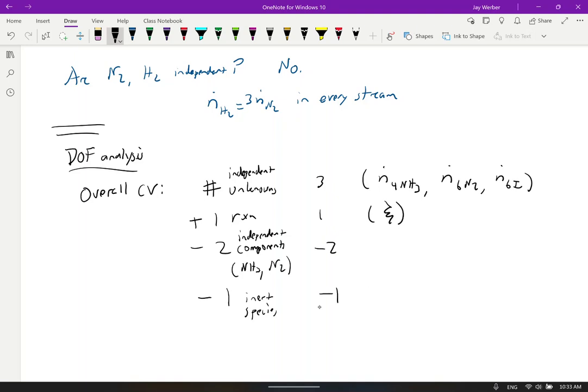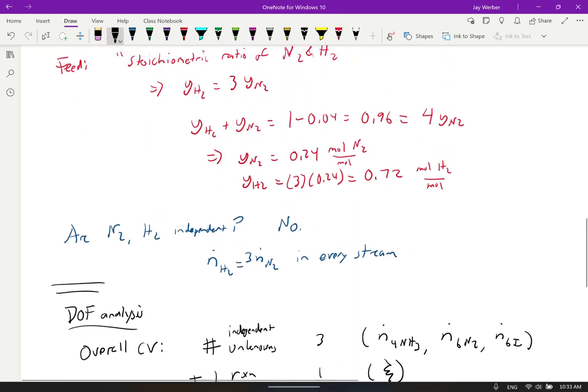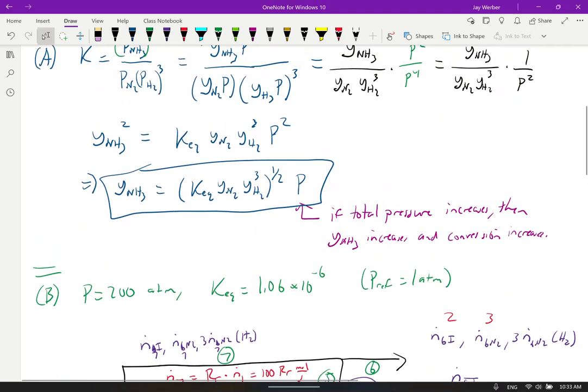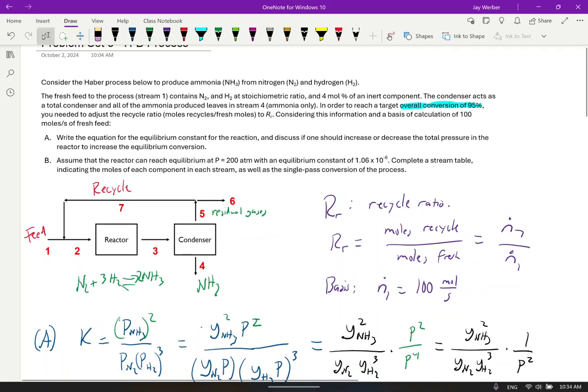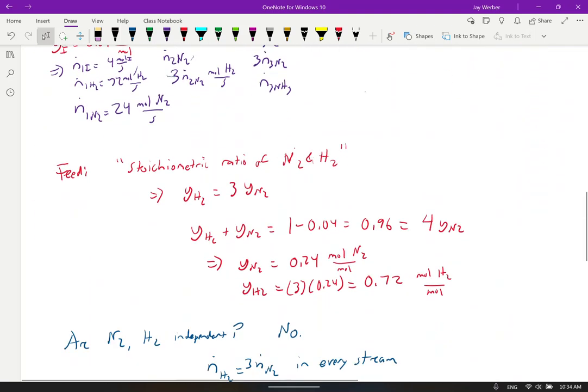So minus 1, this is just what we call I. Let's see, we have our overall conversion is specified as 0.95, correct? So we have the overall conversion is 0.95, and then we have equilibrium in the system as well.